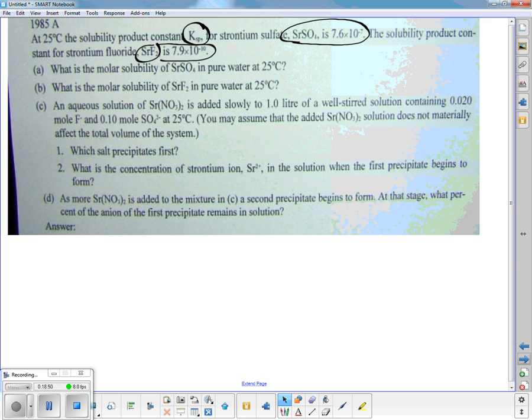So I'm looking at strontium. I want to do the equation for strontium sulfate. So for A, strontium sulfate as a solid is going to dissociate into what? What ions?